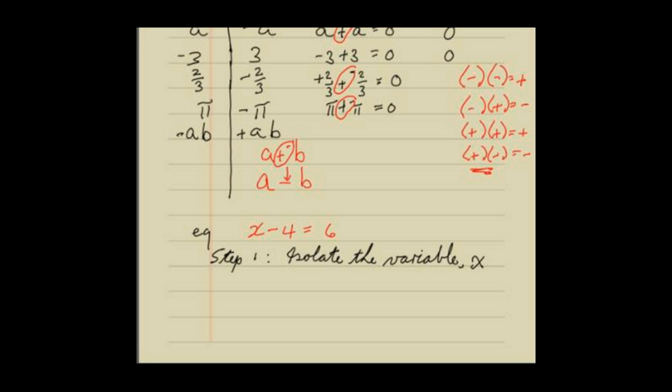Okay, so to isolate the variable x means to get rid of any non-x term on the side where the x occurs. In this case, there is a negative 4 along with the x, so we have to get rid of the negative 4. To get rid of the negative 4, we're going to use the additive inverse of negative 4. What is the additive inverse of negative 4? Positive 4.